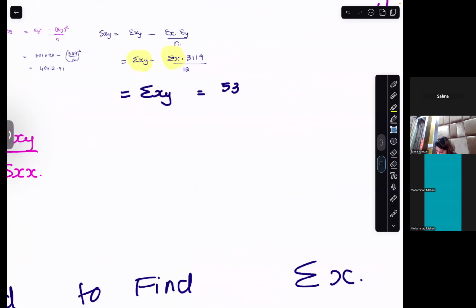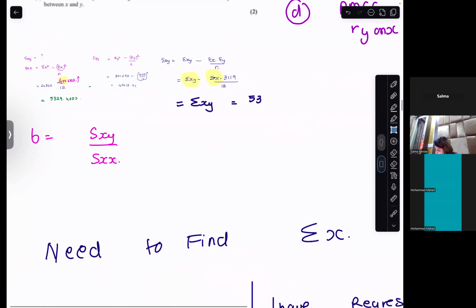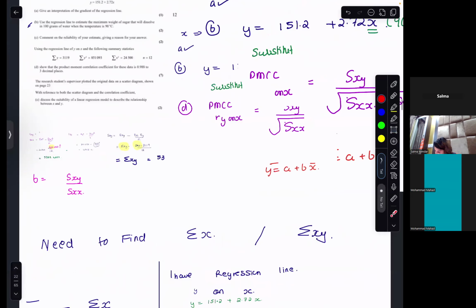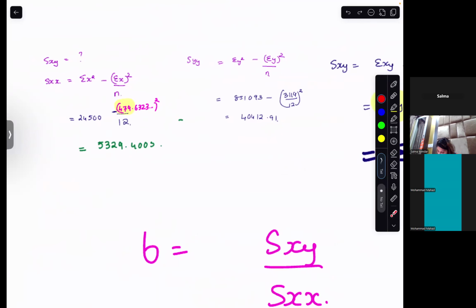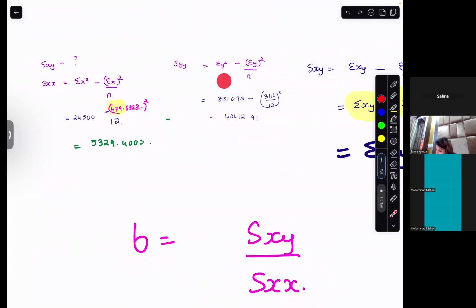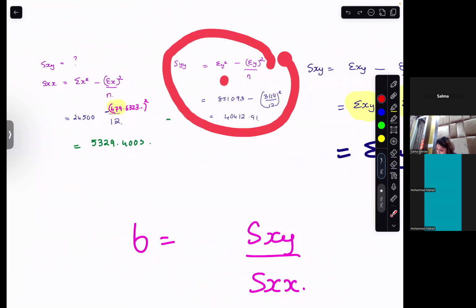Now, to find the r, what are the things I needed? I needed sxx, I needed sxy, and syy. We already found syy because all the information was available with us.